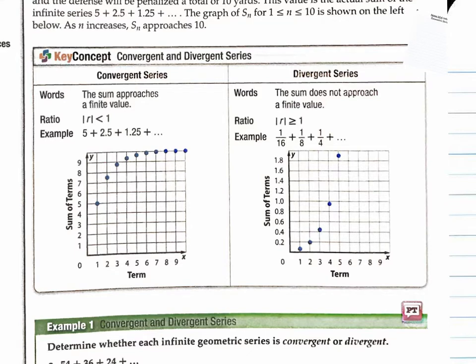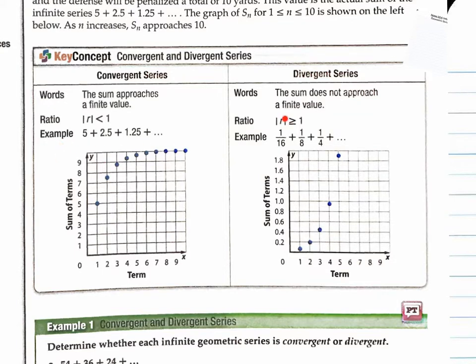So again, just like decay functions in the past, the decay functions in the past had a base that was less than 1. That was a decay function. If the base was greater than 1 on an exponential function, then it was an exponential growth function. I hope you remember that. So the same exact thing is happening here. If your common ratio is less than 1, it's going to converge to a certain value, to the asymptote graphically.